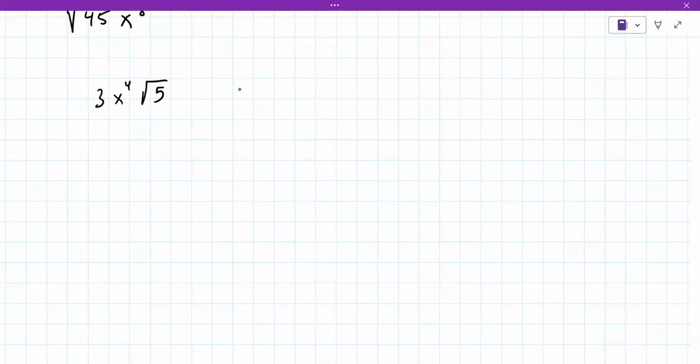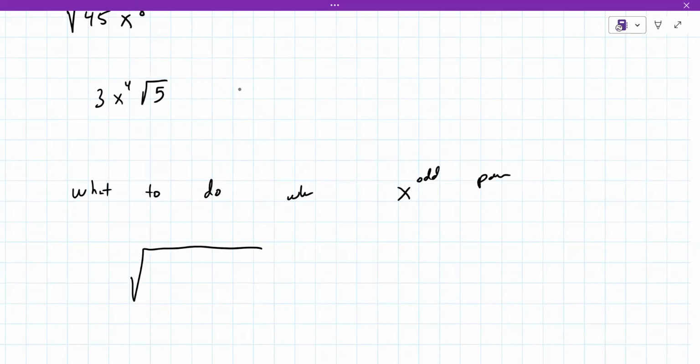So now the next question here is, what to do when it's x to an odd power? Like let's say it's the square root of 36 x to the 9th.